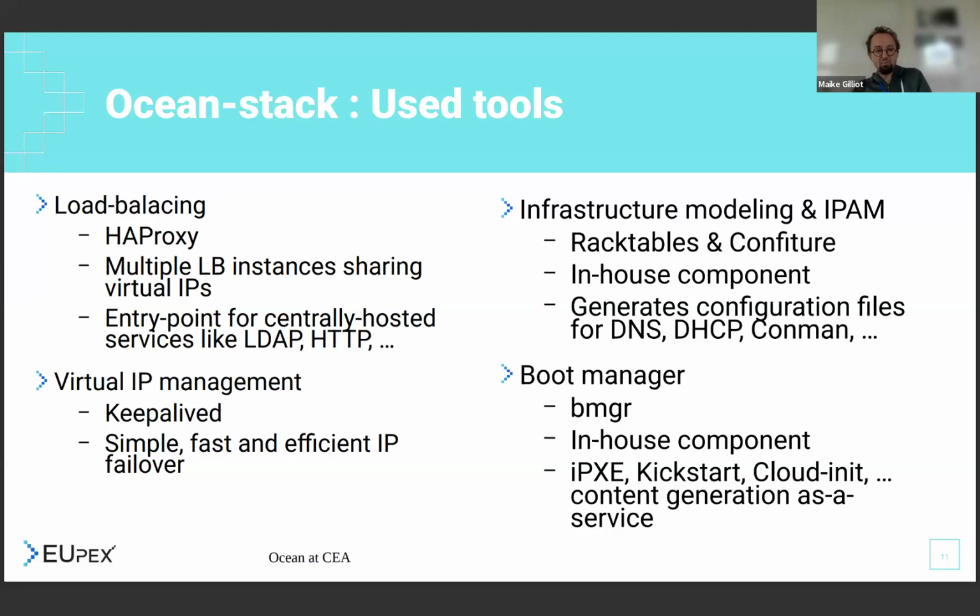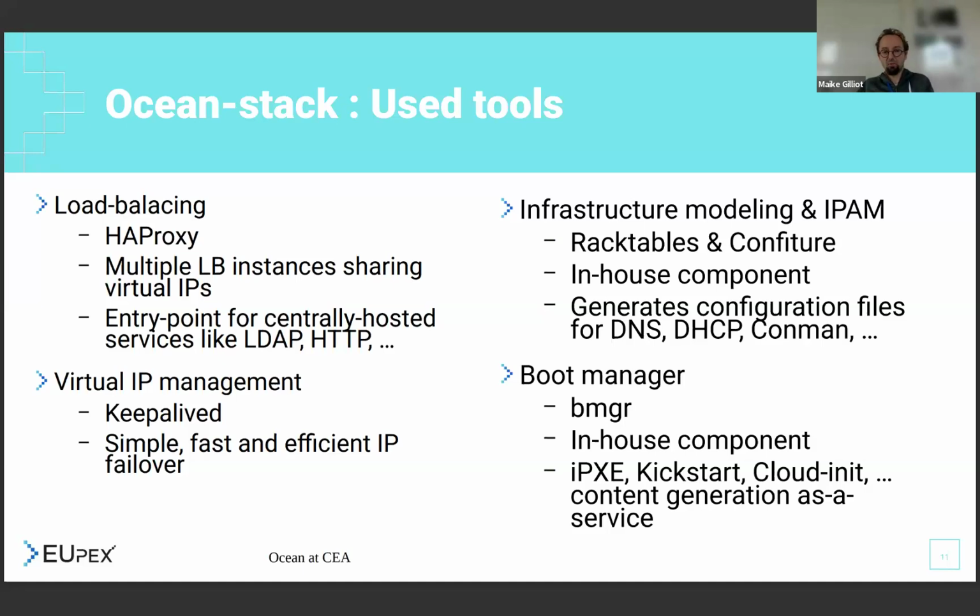For the virtual IP management, we are using Keepalived, which manages the IP and is aware of whether the IP is up or not, and chooses to switch the IP from one node to another, which is really convenient with these models, because what we want is to have at least two machines for one service.